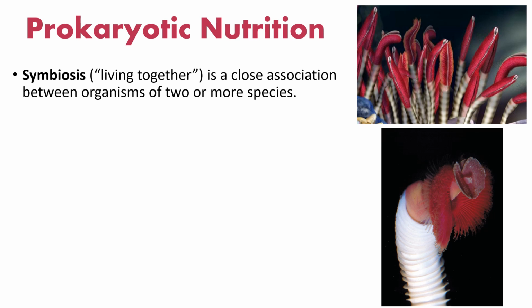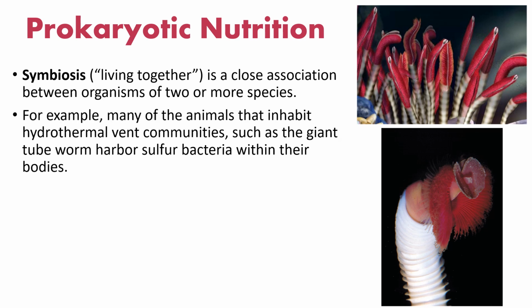So symbiosis is going to be this term that means living together, and it's the close association between two organisms. Now, sometimes these are required, so the two organisms cannot live without each other, and other times they're just beneficial, but they can survive without them.